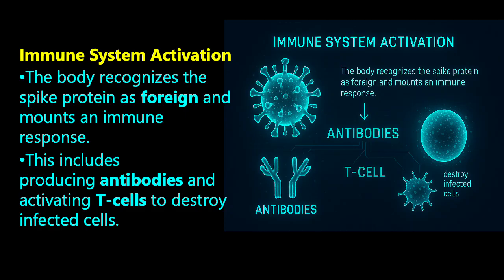At the same time, another part of the immune system called the T cells gets involved. These cells search for and destroy any cells that have already been infected by the virus. So these are our doctors in the cell. When they see something already infected, they will try and do something about it.